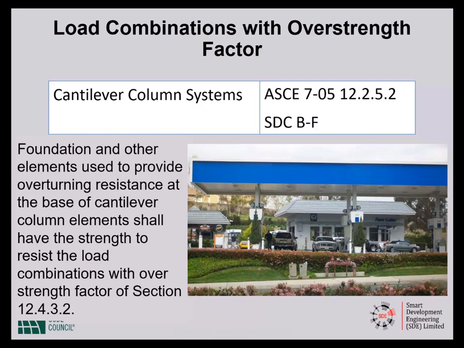The columns like that are cantilevering from the ground, and that is the seismic force resisting system of the structure. So foundation and other elements used to provide overturning resistance at the base of cantilever column elements shall have the strength to resist, etc. So let us not spend time on that because you do not really have it in BNBC.